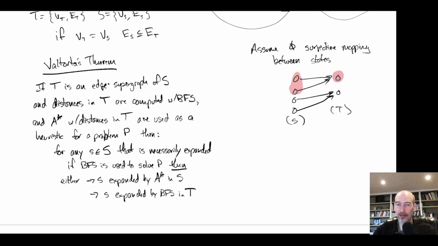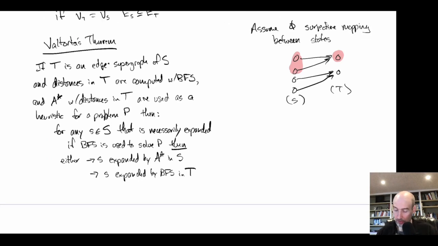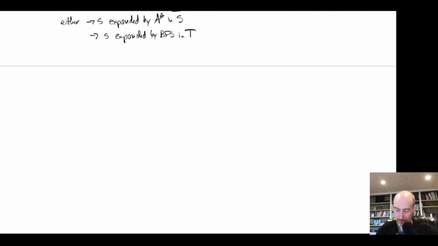So what that's going to give us is a generalized Valtorta's theorem, and it's essentially going to give us a way forward. In the next lecture, we're going to see how we can use this idea to be able to do something efficiently.